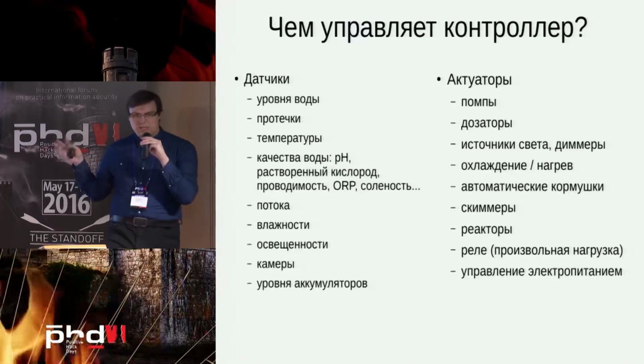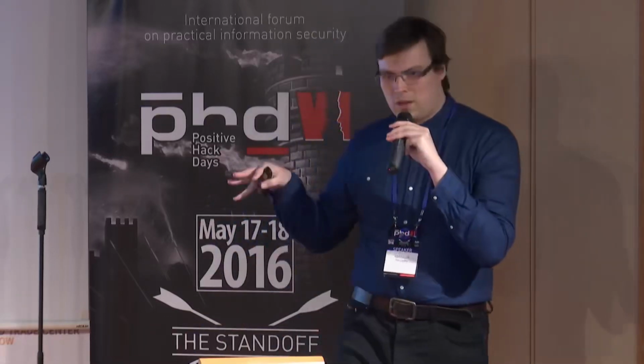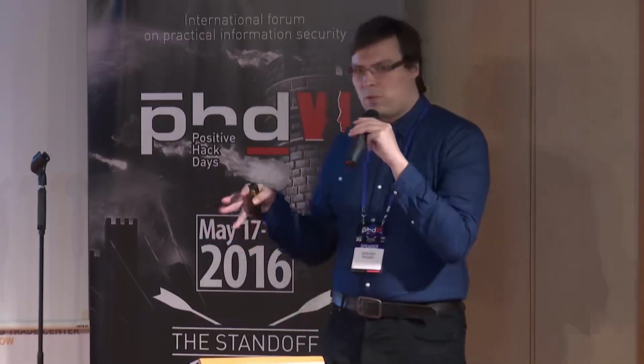Flow sensors, humidity gauges, lighting sensors. We have to be in control of the lighting systems that we use to light our aquariums, terrariums, and so on and so forth.